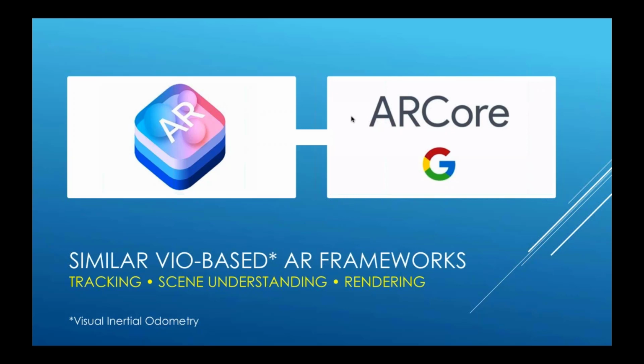How do we understand other factors that are making up the scene? Are there planes, horizontal planes, vertical planes, things like that? And then, of course, the rendering. So that information is fed typically to a dedicated renderer that can be used to render what you see on the screen, right? And keep it locked in physical space to the world.